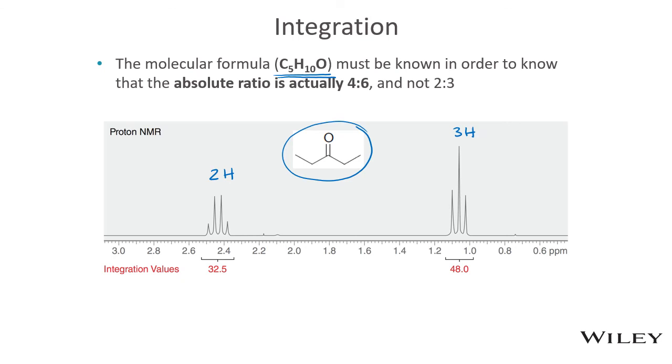So here we can see that this molecule contains 10 hydrogens. So if we see on the NMR spectrum a total of 5 hydrogens, this is going to indicate to us that there is symmetry in the molecule, and there's one axis or one plane of symmetry where these numbers can be doubled. So you either have to know the structure of the molecule or the molecular formula in order to determine if symmetry is a possibility.